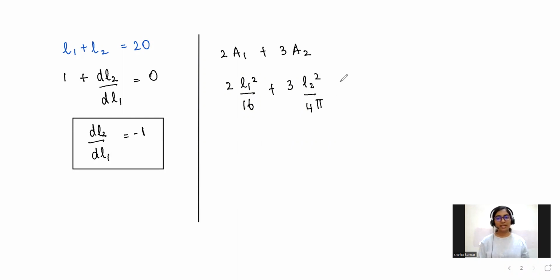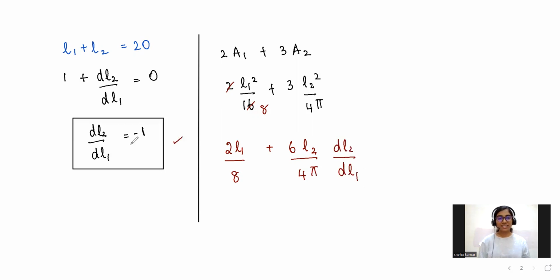So what we would do, we would again differentiate it. Differentiating it, first we'll simplify it. Now by differentiating, I get 2L1 divided by 8 plus 3 2s are 6L2 divided by 4 pi into dL2 divided by dL1.